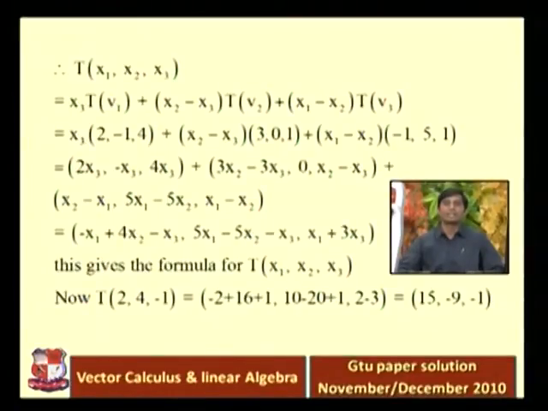So you will get x3 times (2, -1, 4) plus (x2 minus x3) times (3, 0, 1) plus (x1 minus x2) times (-1, 5, 1), that is equal to 2x3.